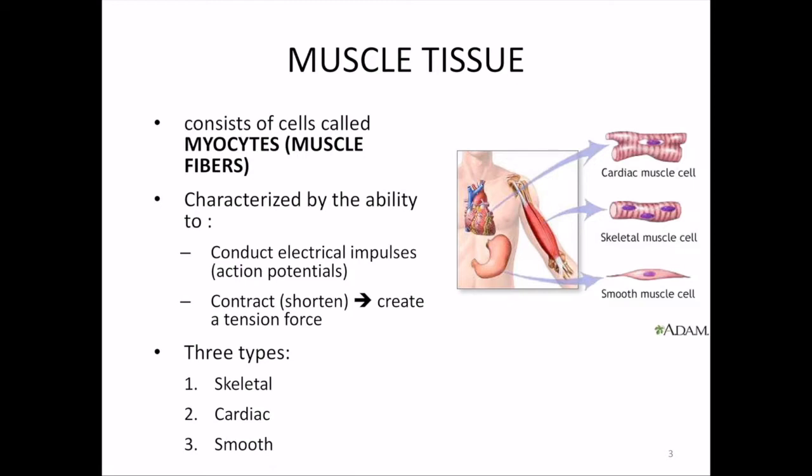Then these cells also have the ability to create a tension force. You have structures within these myocytes that are able to contract and shorten in response to this electrical signal, and they create a tension force. So there are three types of myocytes and muscle tissue. We have the skeletal, the cardiac, and the smooth.